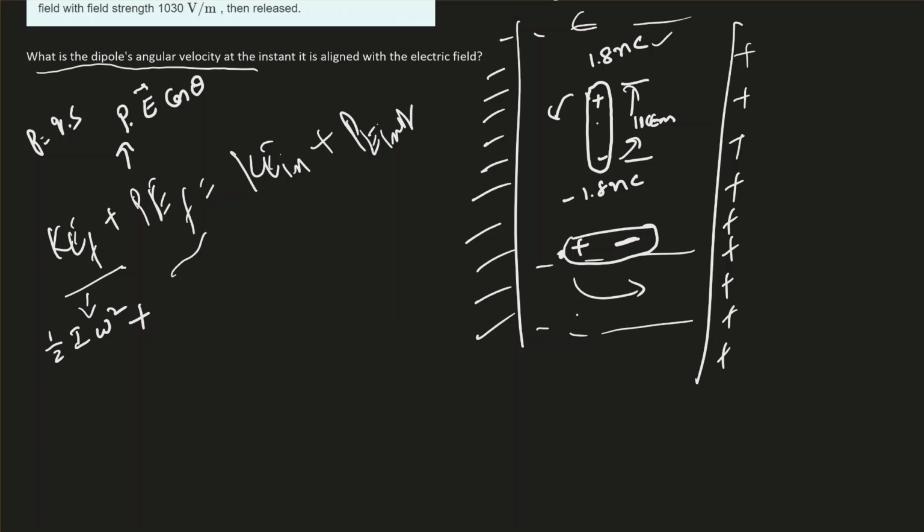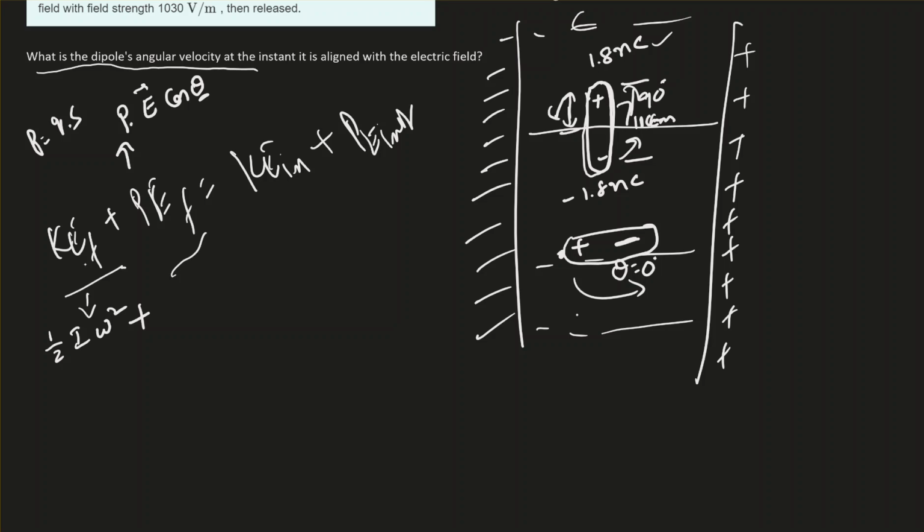S is the distance from the pivot point. And here theta is the angle between the electric field and the dipole. So in this case theta is 90 degrees. By the way, that's the initial condition. In this case theta equal to 0 degrees. This is the final condition.